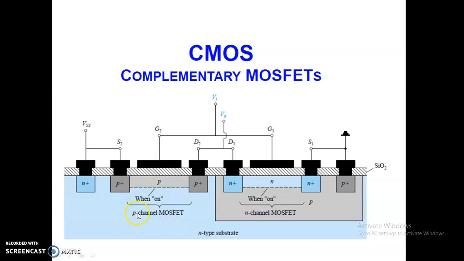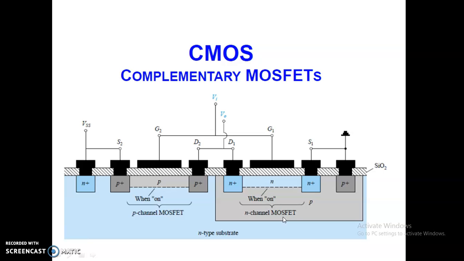Here you can see from the construction, the N-channel MOSFET as well as the P-channel MOSFET are both combined in this device. CMOS circuits are more difficult to fabricate than circuits using NMOS or PMOS devices. But CMOS devices have certain advantages over NMOS and PMOS.